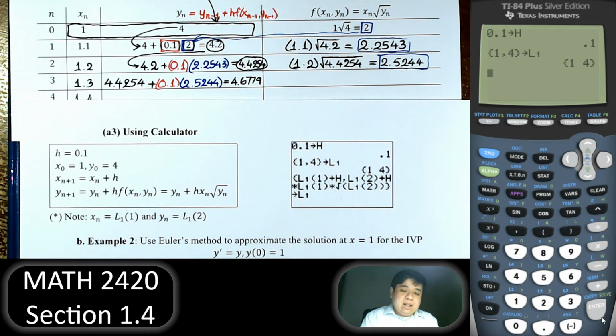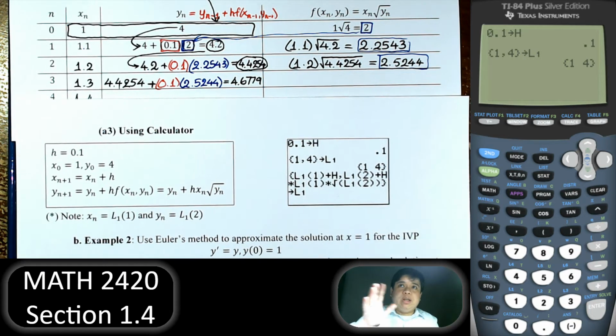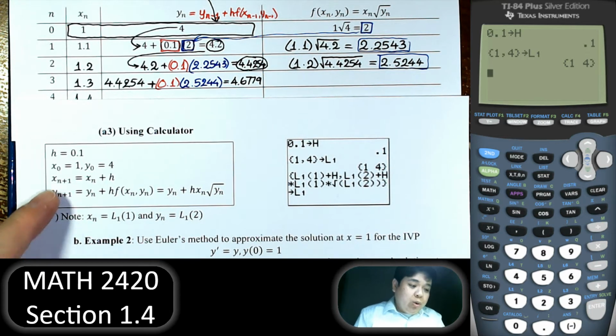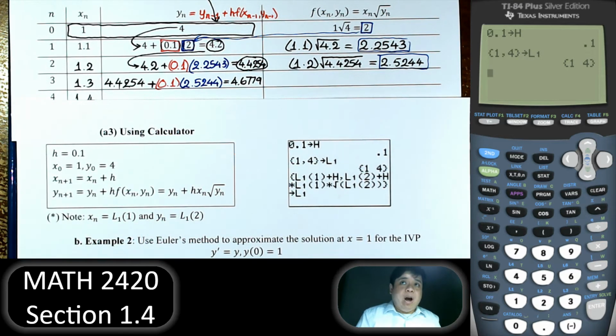Right. Next, I will make one change real quick. On this calculator, if I enter anything extremely long, it will go over, and then we won't be able to see it like this. We'll see. Right. Next, what we do is we're going to update the x values, update the y values. So again, the list will have two components. The first component will have x, which is the first component of the list.